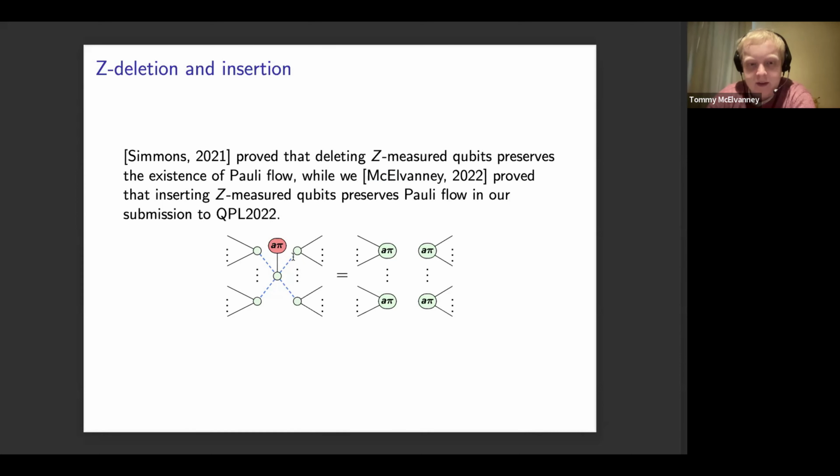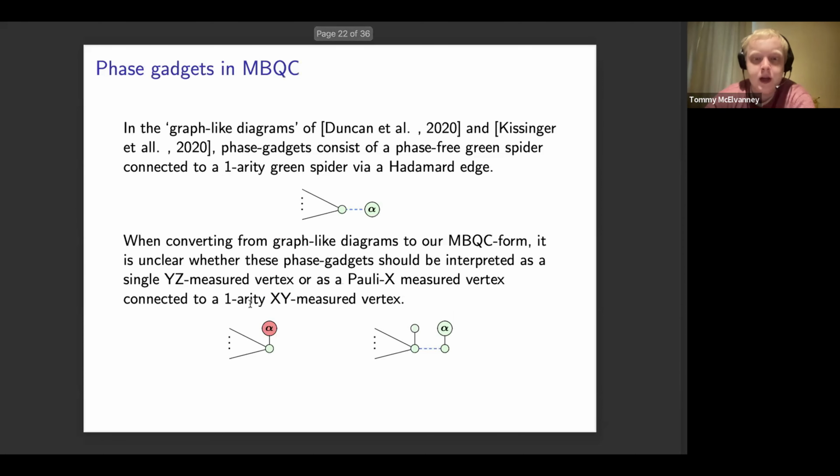The idea is that Z-measured vertices just need to appear in their own correction sets. If it gets an error, we just put green pies on all of the neighboring vertices. So this is the first key work done in our paper.